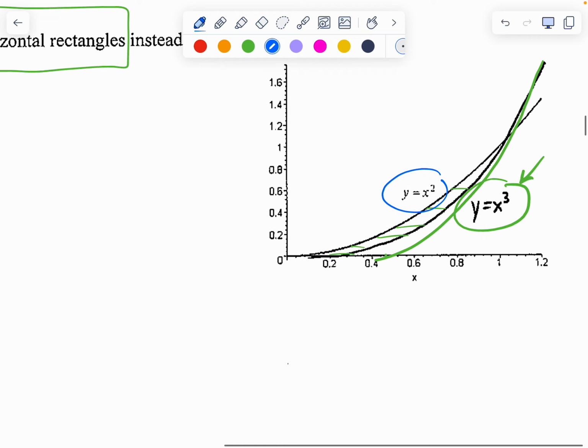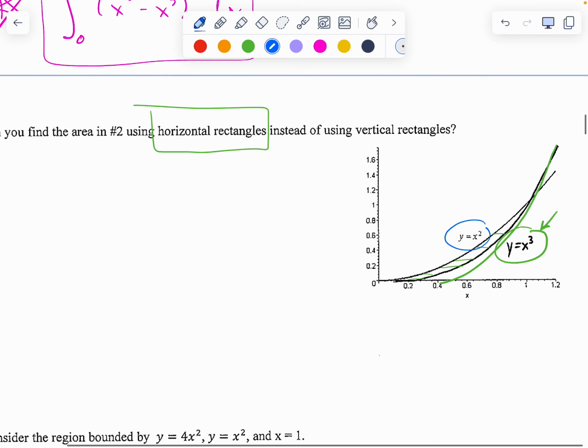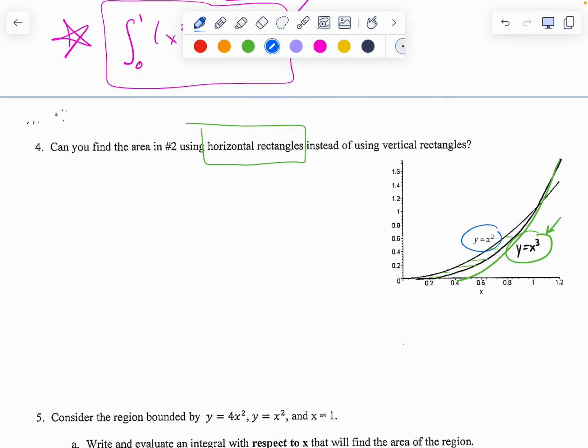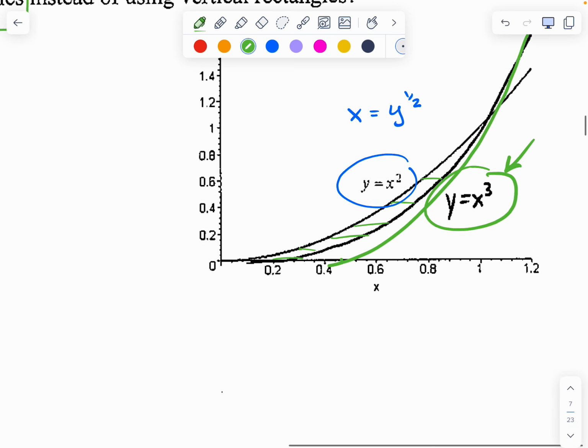And I actually would need to think of both of these in terms of y instead of x, because I'm subtracting my x values. So in this case, x equals y to the 1/2. And this one, x equals y to the 1/3.